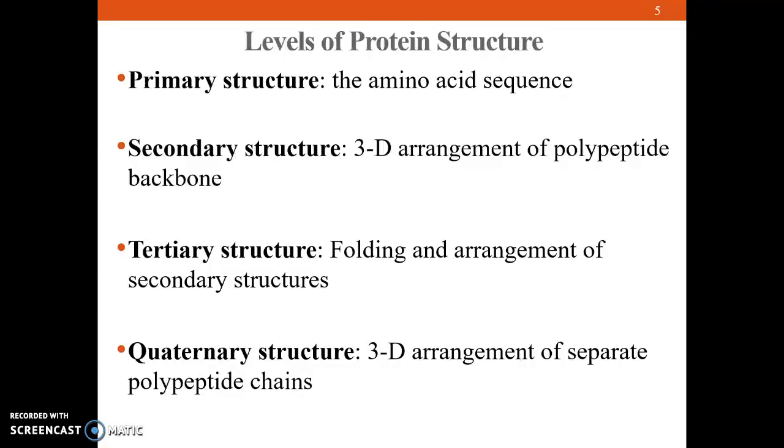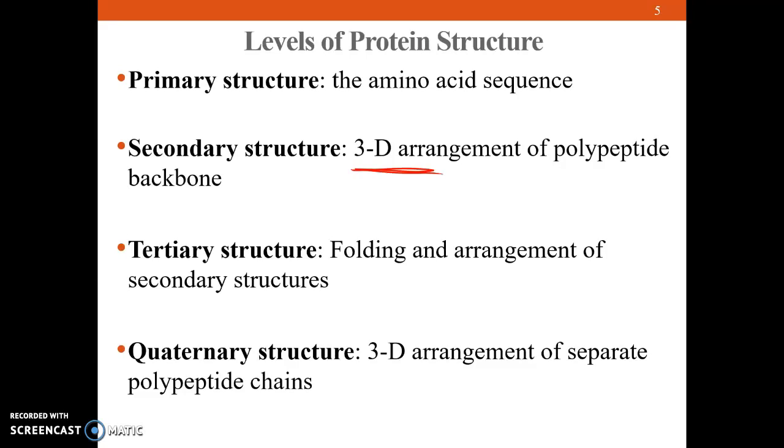That would be the single letter abbreviations or the 3-letter abbreviations just listed out. We don't know anything based on the primary structure about the 3-dimensional shape of this protein, but we can know what amino acids are present in the protein. The secondary structure is where we start to get 3-dimensional arrangement of these polypeptides.